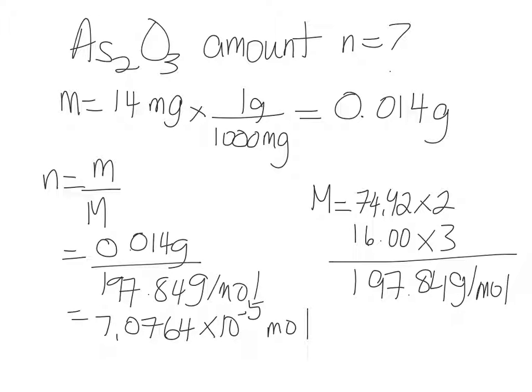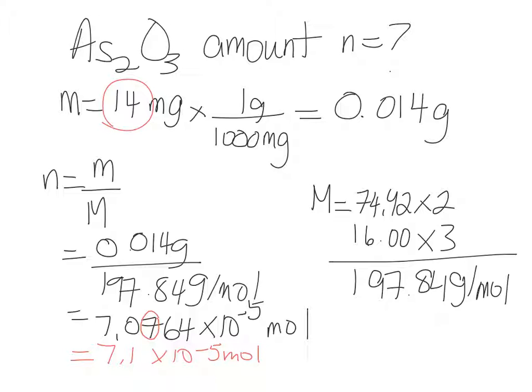How many significant digits can I have? How many are in 14? 2. So we can only have 2 numbers in our final answer, which means we have to drop the second 7. So you're rounding the previous number up. So 7.1 times 10 to the negative 5.